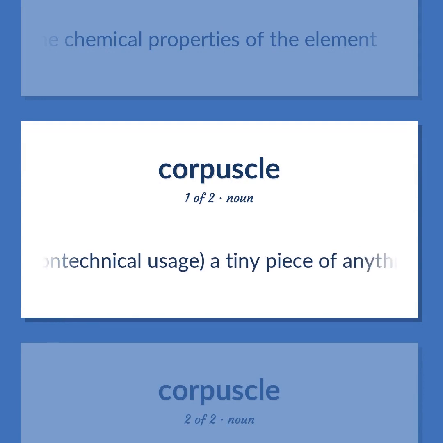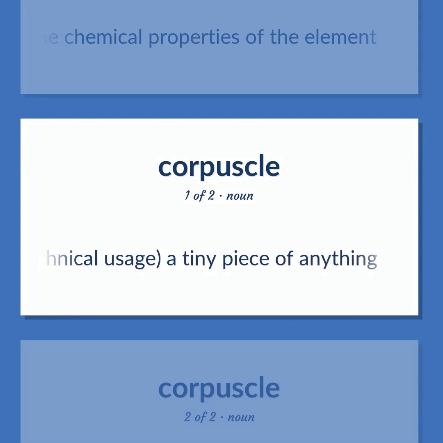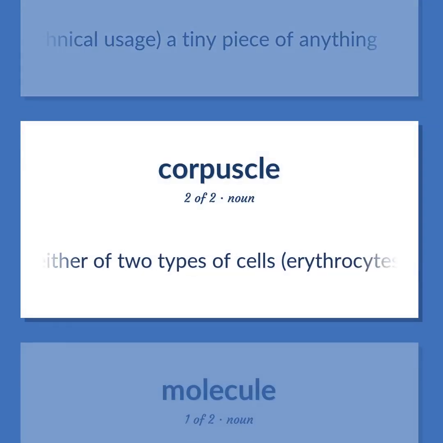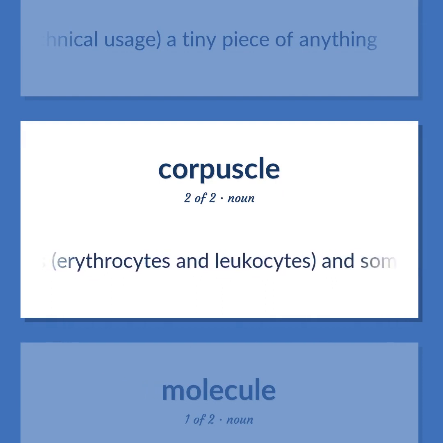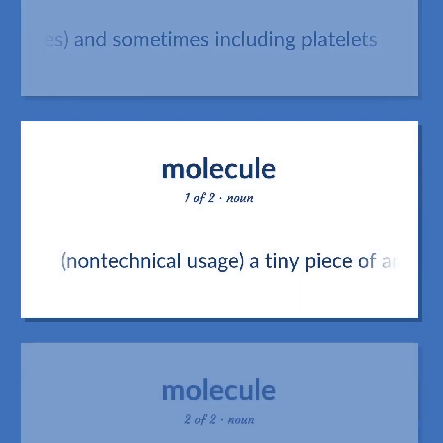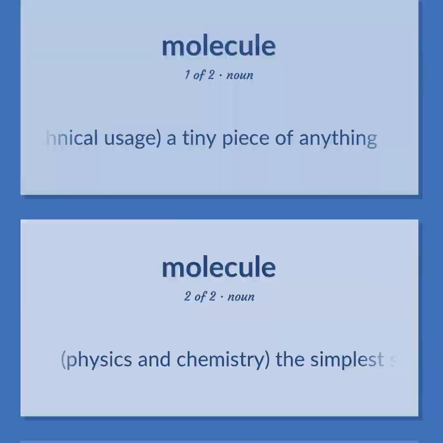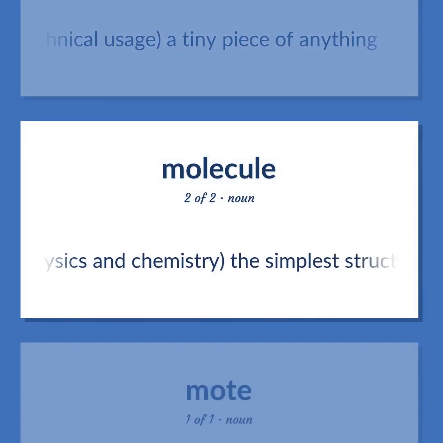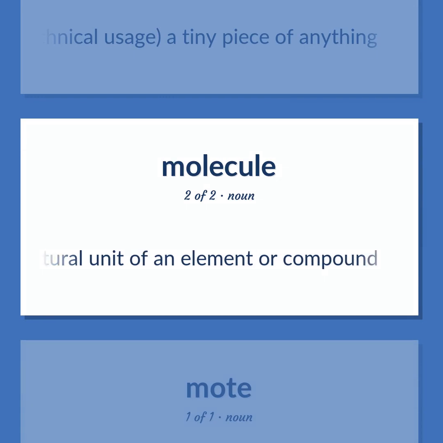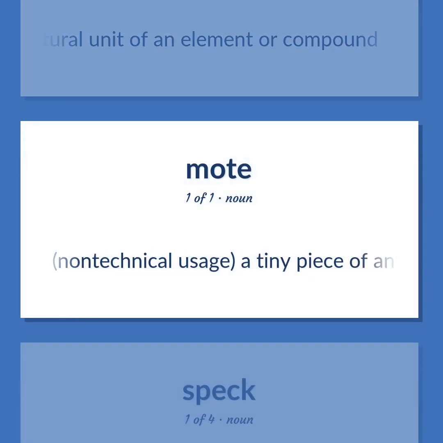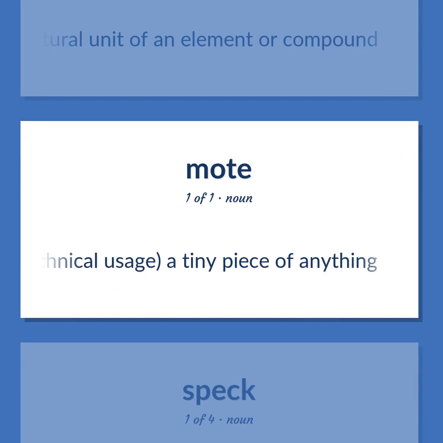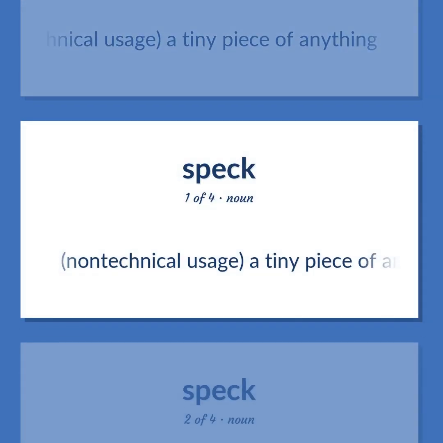Either of two types of cells, erythrocytes and leukocytes, and sometimes including platelets. Physics and chemistry, the simplest structural unit of an element or compound.